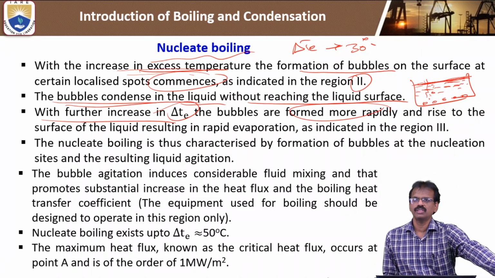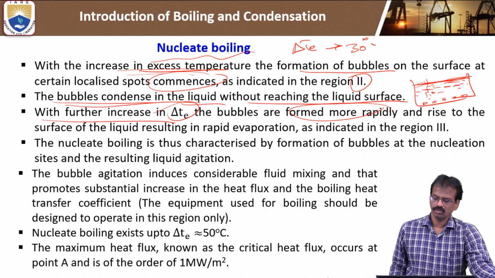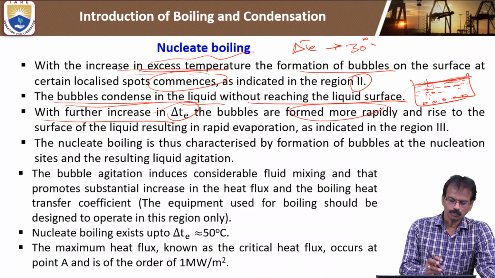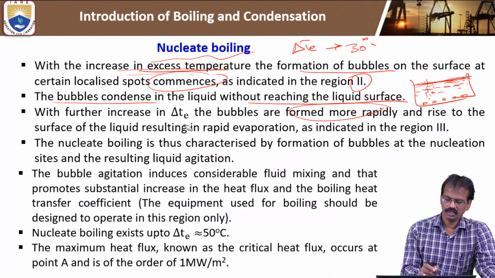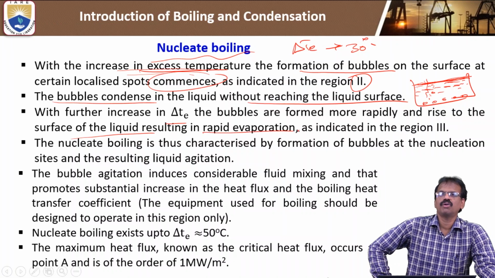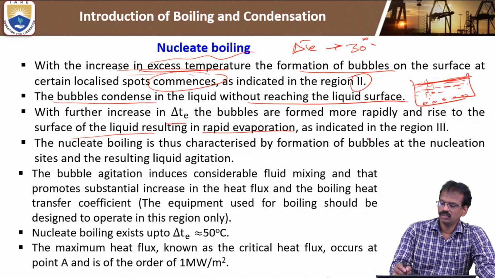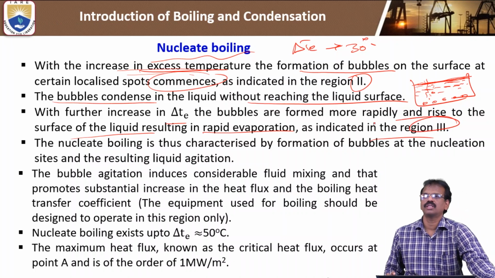It means phase change occurs. So with further increase in delta T, the bubbles are formed more rapidly and rise to the surface of the liquid, resulting in rapid evaporation. This is region 3.